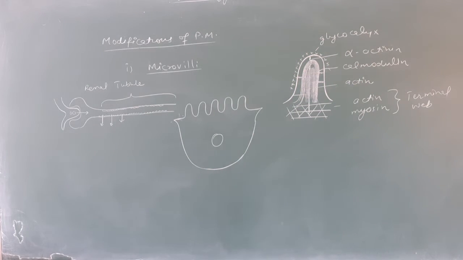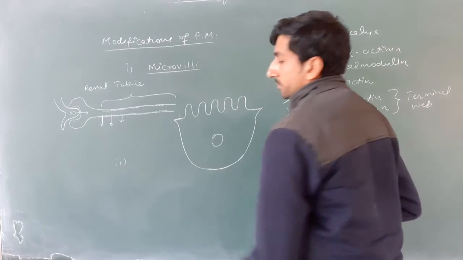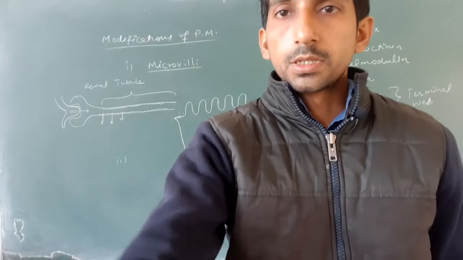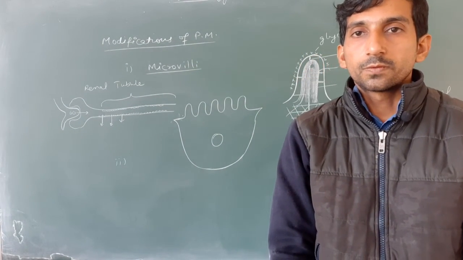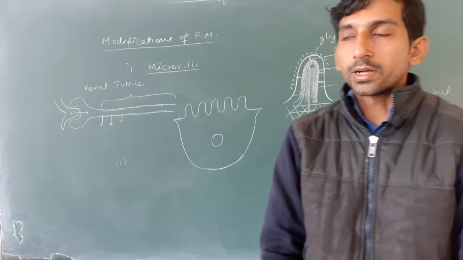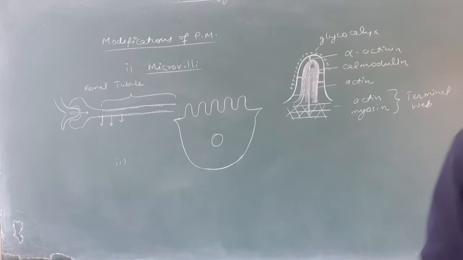Next to microvilli is junctional complexes. There are two types of junctional complexes: one is interdigitation and another one is tight junctions.